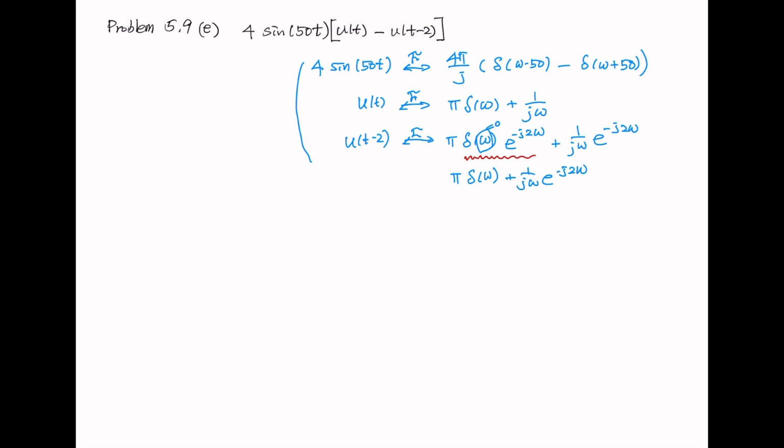So we'll use these three. Now I have two different signals multiplying in the t domain, which will give us a convolution in the omega domain.